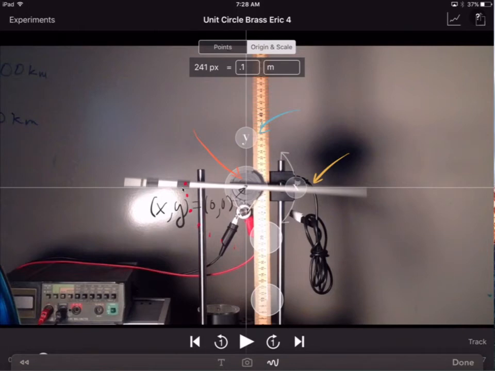So it's going to look similar to this, and each one of these points is a different X and Y, okay?